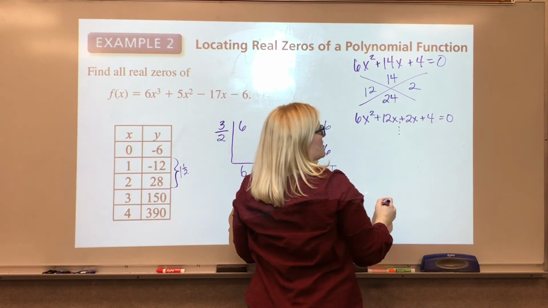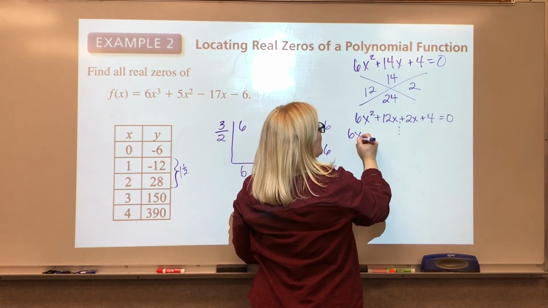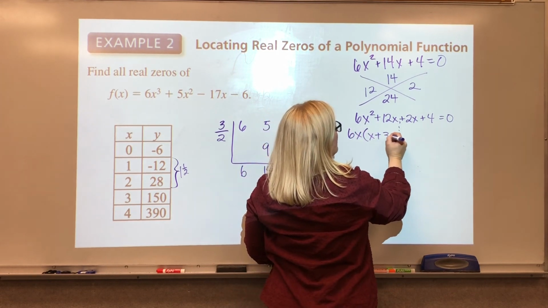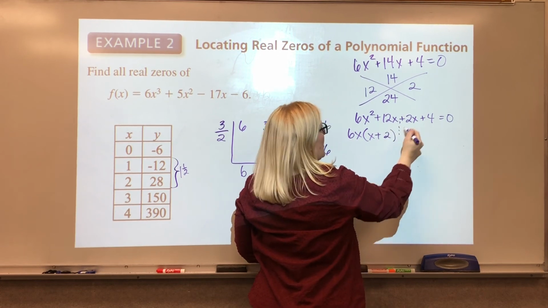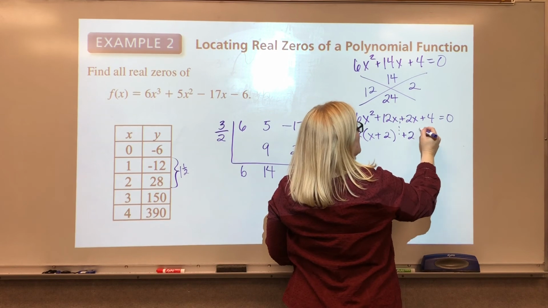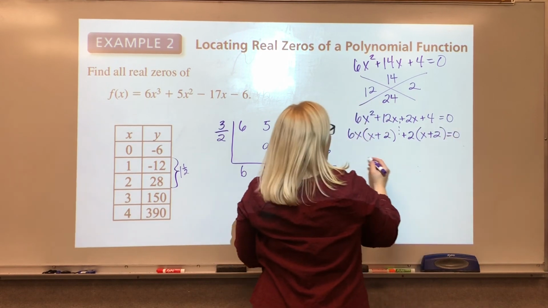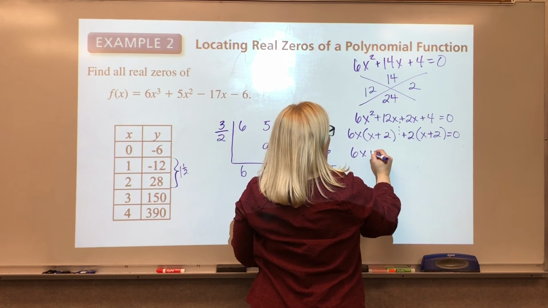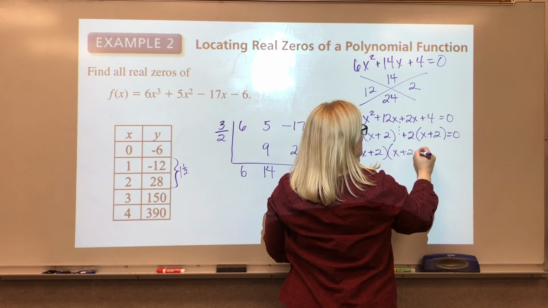And I use factoring by grouping. So I can take out a 6x and I'm left with x plus 2. And over here I can factor out a positive 2 and I'm left with x plus 2 over here also. So I've got 6x plus 2 times x plus 2 equals 0.